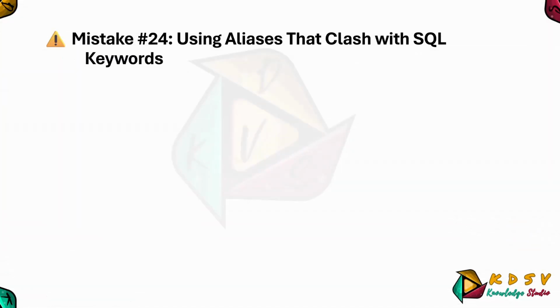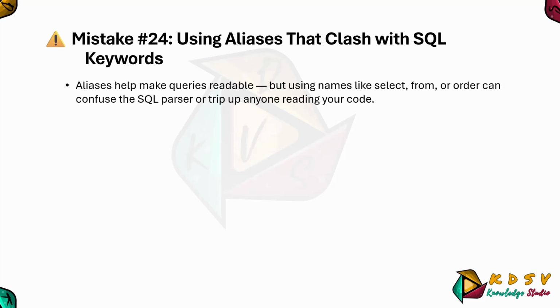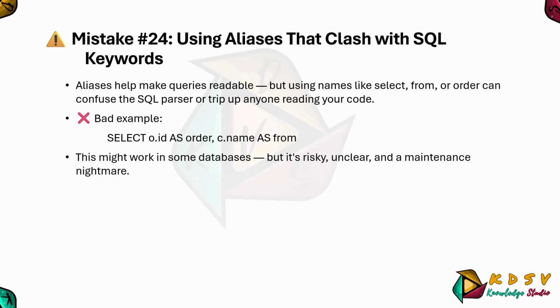Mistake number 24, using aliases that clash with SQL keywords. Aliases can help you make your queries readable, but using names like select, from, or order can confuse the SQL parsers or trip up anyone reading your code. Bad example: select o.id as order and c.name as from. Here we should not use as from, because from is one of the SQL keywords.